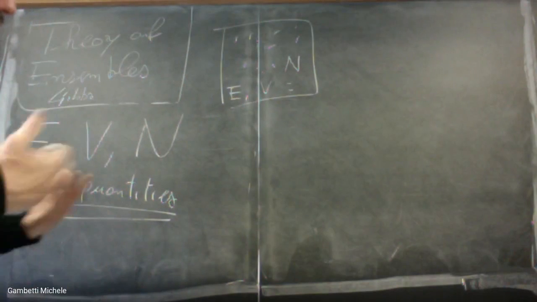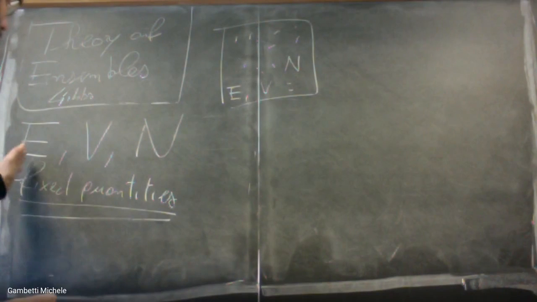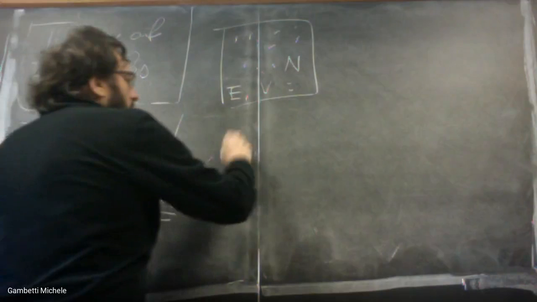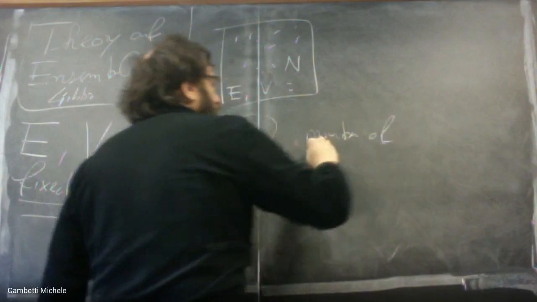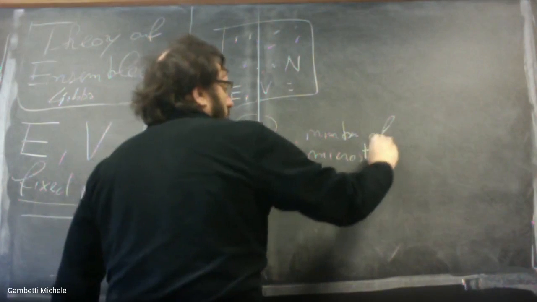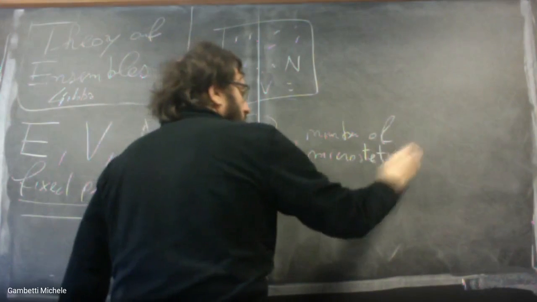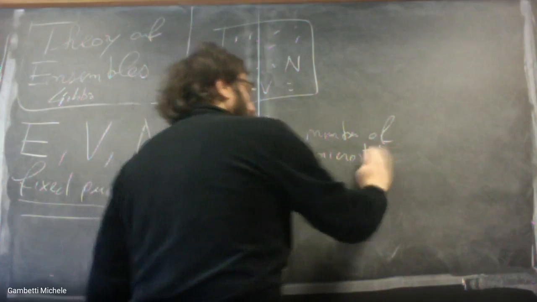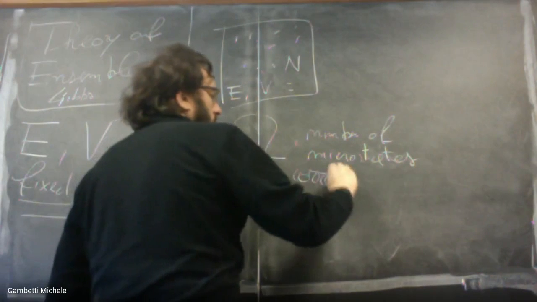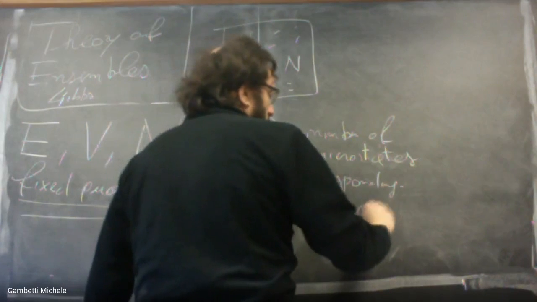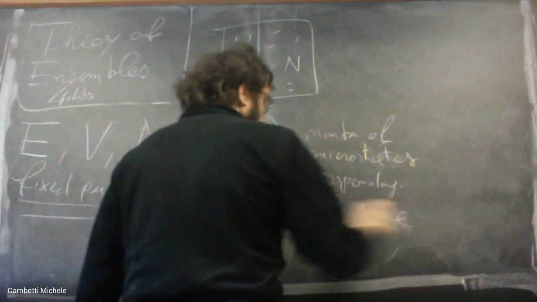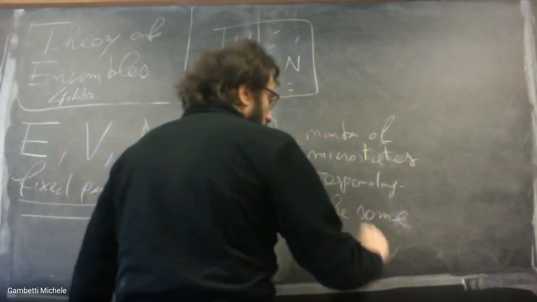And in principle, of course, this high degree of degeneracy, once I fix E, V, and N, is encoded in this number omega, which is the number of microstates corresponding to the same macrostate.